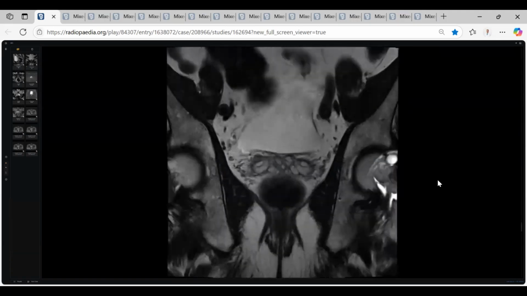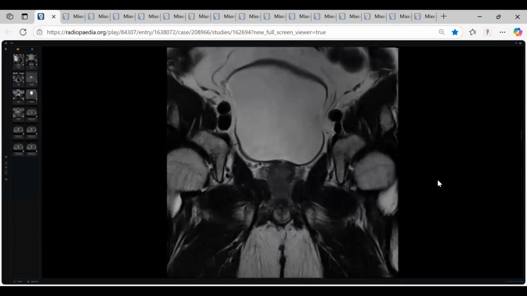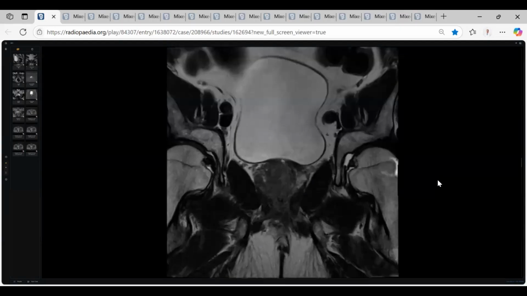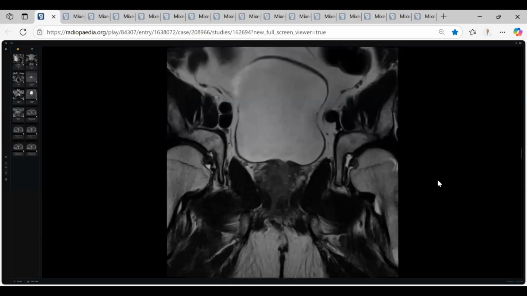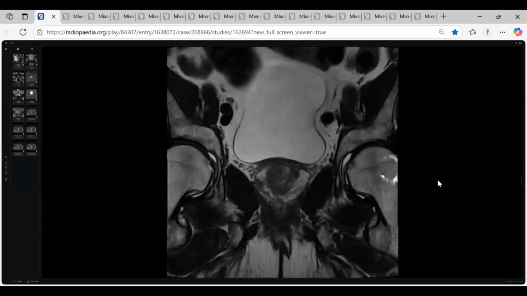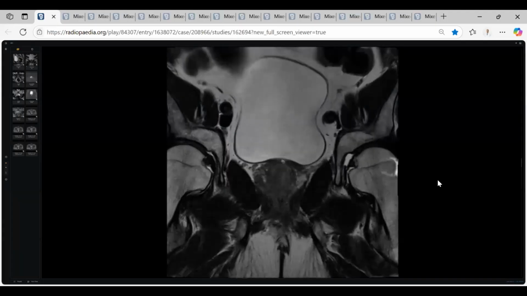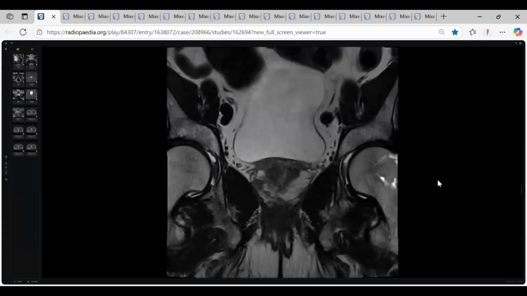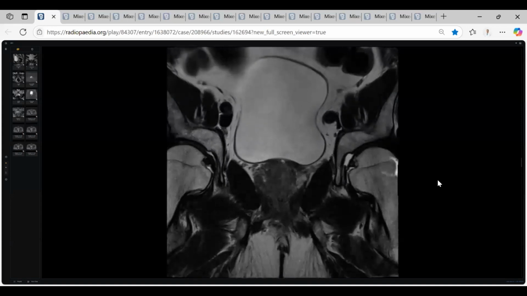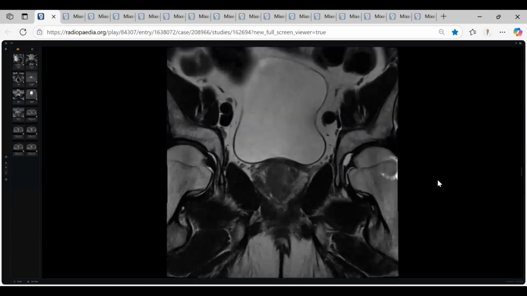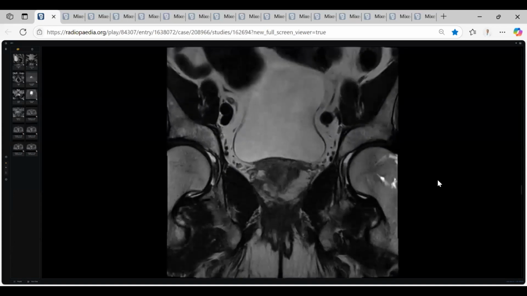Do you think this examination is done for a pelvic purpose or something else? The technique here is dedicated for which organ of the pelvis in the male? For the prostate. Yes, this is an MRI prostate. Go on.